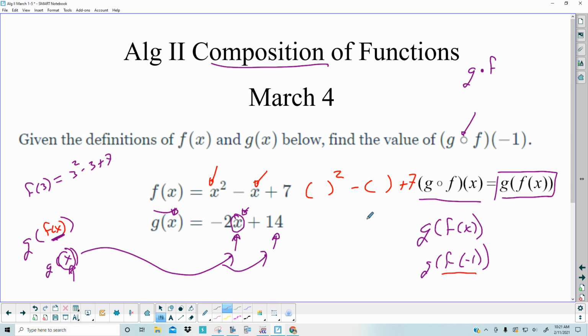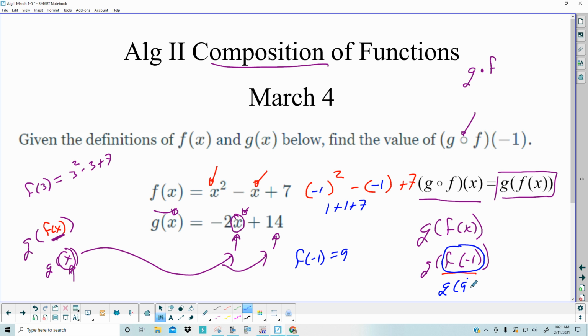And this is also going to help you for what's coming here in about 5 minutes. I'm going to fill -1 in here. So this is worth 1 plus 1 plus 7. So f of -1 is worth 9. That's what this is worth, 9. Remove all that and fill in 9.